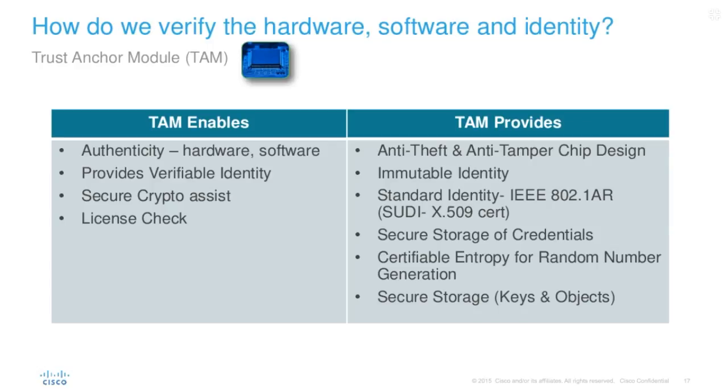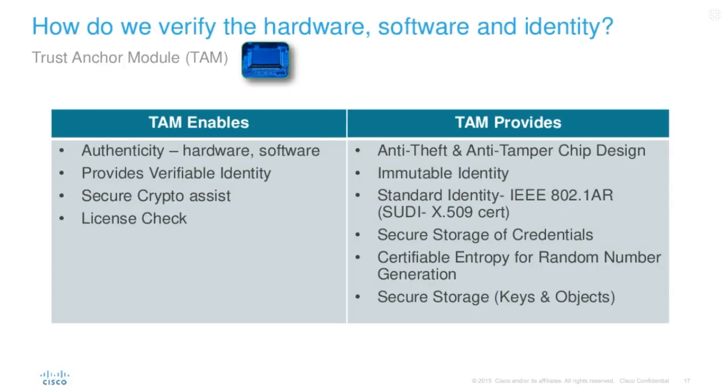These have been called anti-counterfeiting chips, anti-tampering chips. A trust anchor module is another term that Cisco uses to talk about this. The Trusted Computing Group uses a term called Trusted Platform Module, or TPM, to talk about this concept.